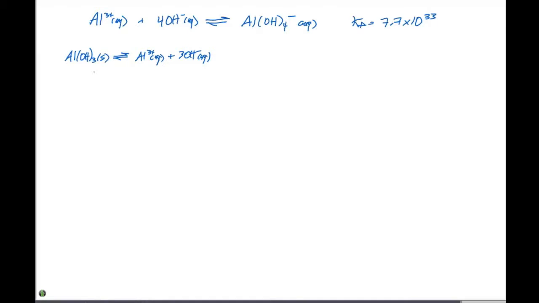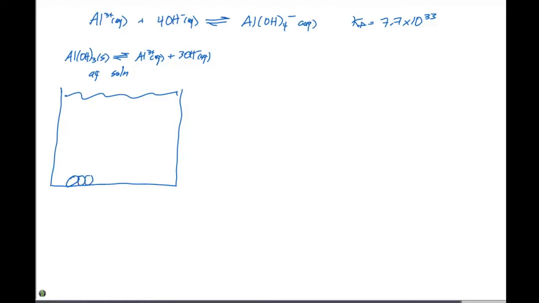So if we have an aqueous solution of this stuff, I think the Ksp for this particular reaction is something like 10 to the minus 33. So we're going to have a lot of aluminum hydroxide solid down here.